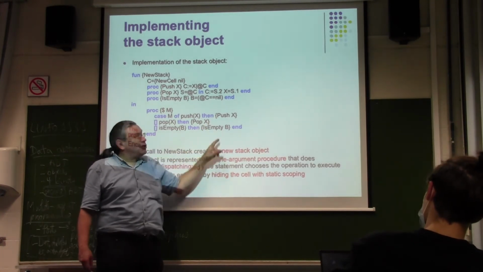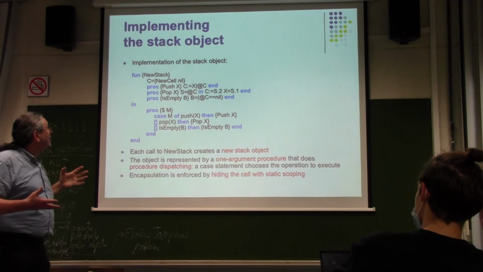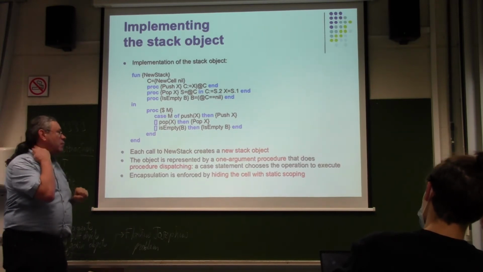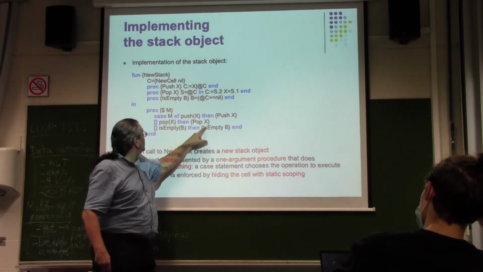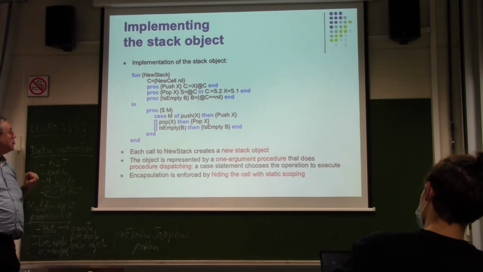These operations are usually called methods. Of course the object-oriented community has to define its own words for these things. But the operations are called methods, and the actual argument here is called a message to the object.